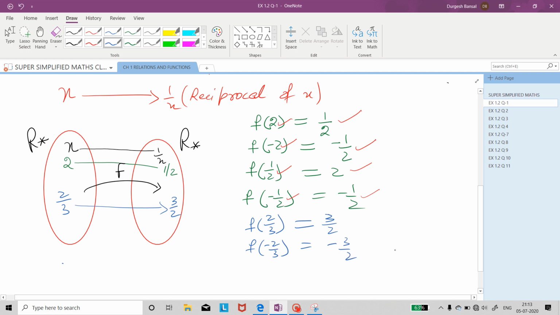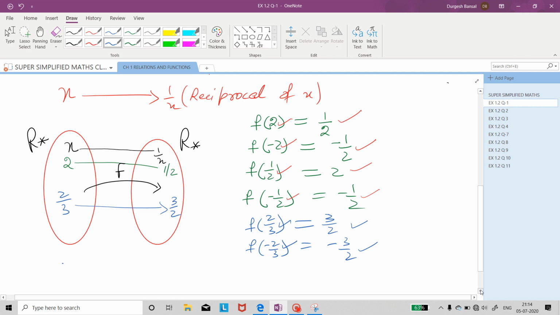So I am trying all sorts of numbers, but I am finding that images are not going to be same. If the numbers are different here, the images are going to be different here, because reciprocals of two different numbers cannot be same. So this is by hit and trial. On this page I have checked that yes, the function is one-one.